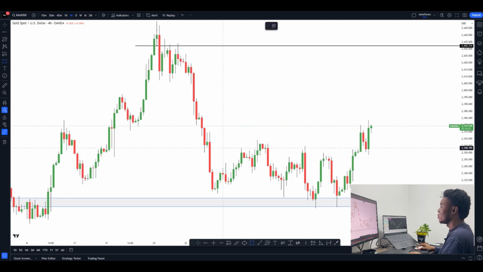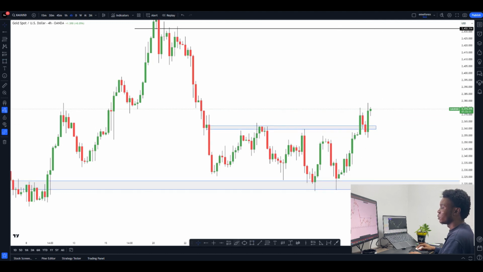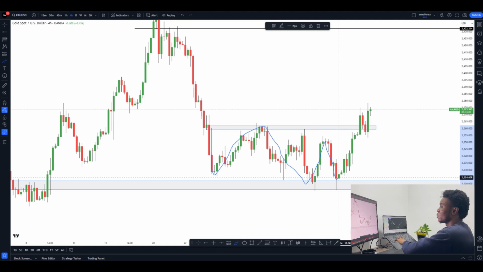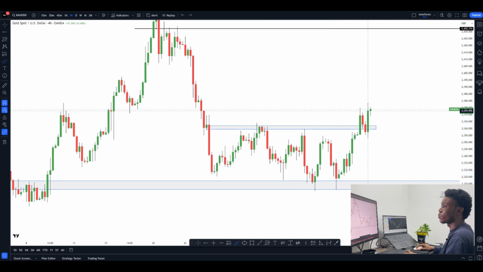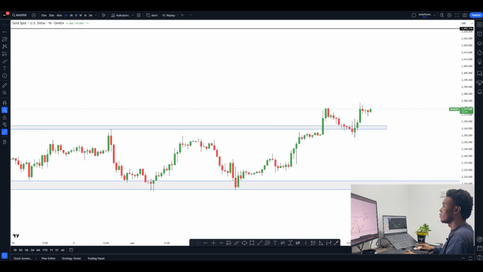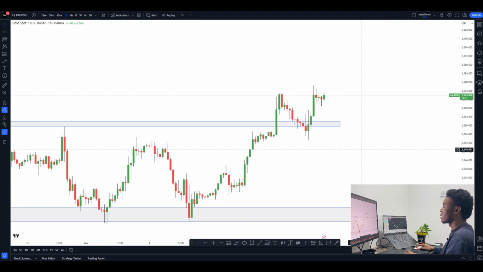This has been where we've been ranging for quite some time now on gold. We've had this drop, we pull back, we drop, we pull back, we drop, and we've broken out now. So tomorrow we want to scale down to the 1 hour time frame and even possibly lower time frames to get on those buys now.